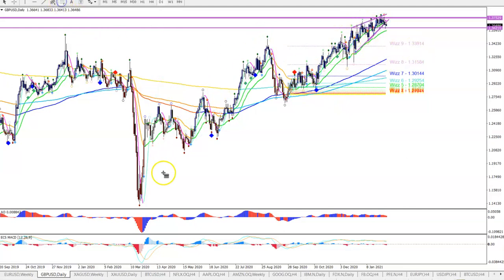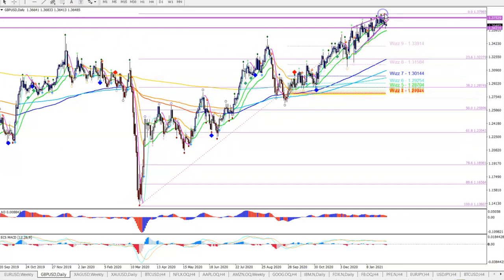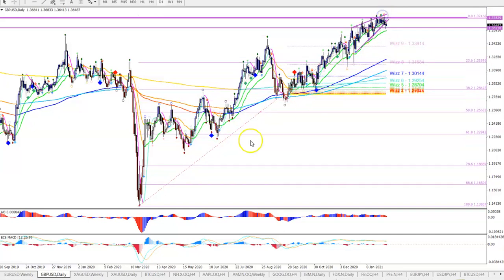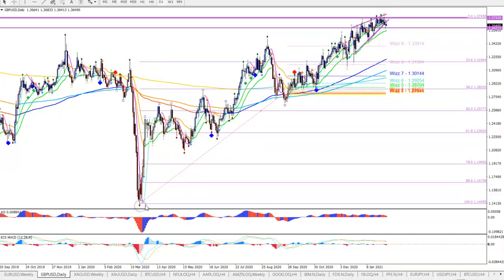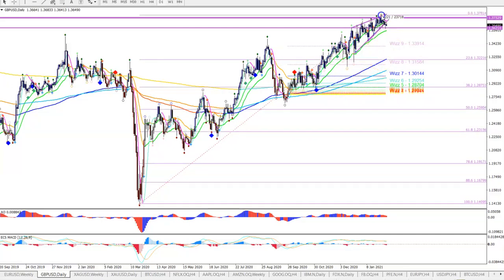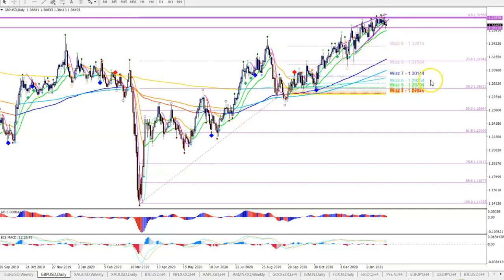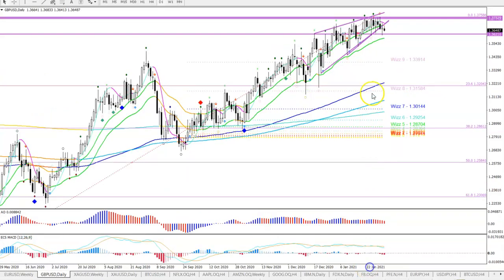So if we put the fib on the entire swing up, because that's the potential, I think, for the retracement, then the next fib that is close by, if we use this fib at least, is the 23.6 fib at 132. So that's quite a big space. Of course, the price will need to break through the 21 EMA. It hasn't done that.